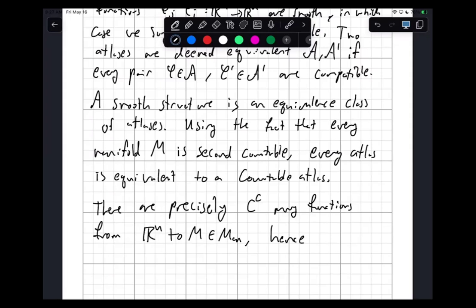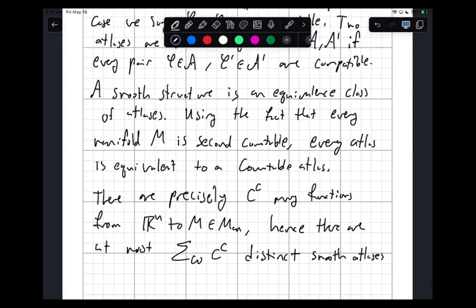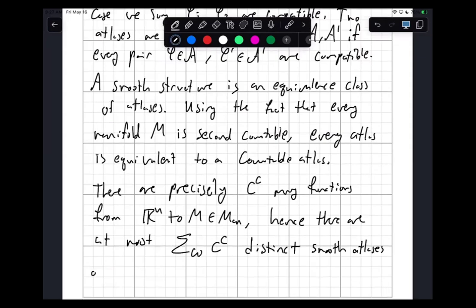Hence, there are at most this many distinct smooth atlases on a topological manifold, where, remember, omega here is the cardinality of the natural numbers, right?